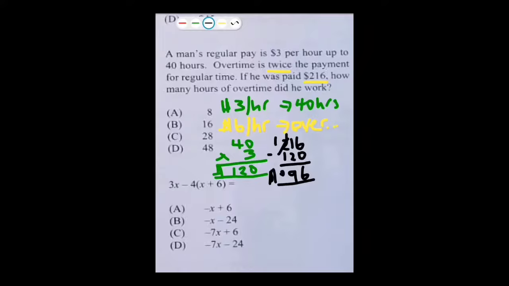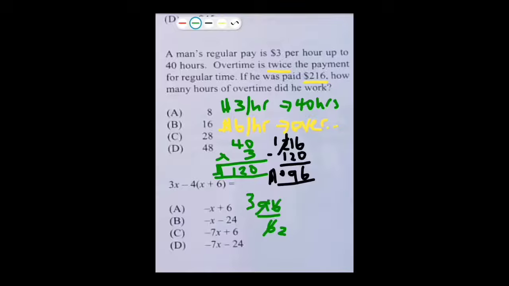Now we need to know how many hours he worked for overtime. We know how much he was paid for overtime, and we know how much he's being paid per hour. So therefore we divide 96 by 6. Sorry, we're going to use 3.